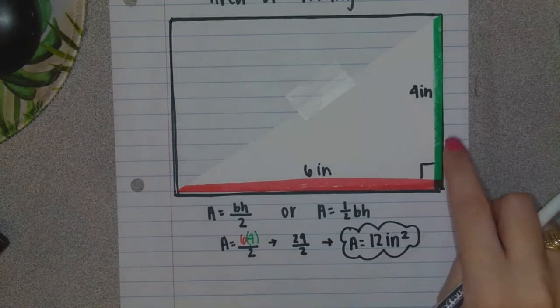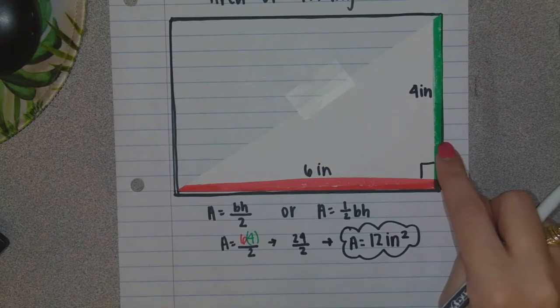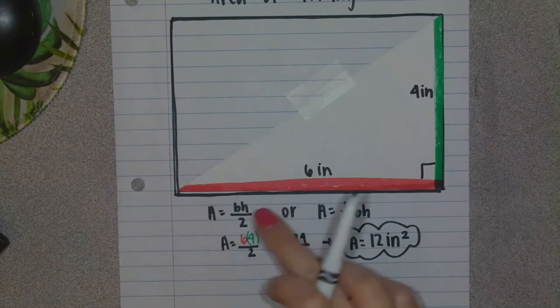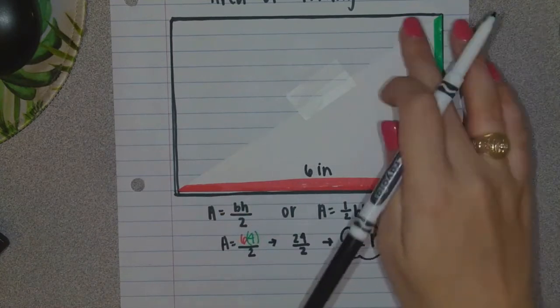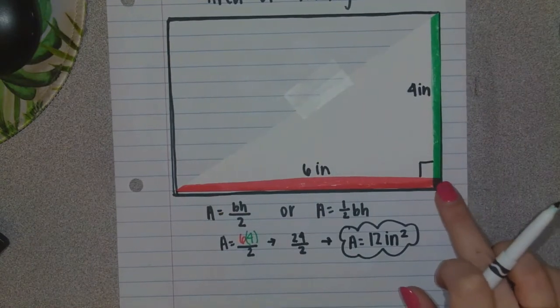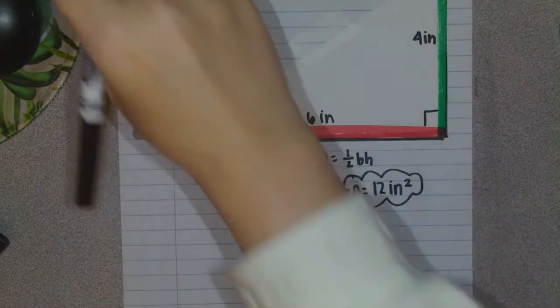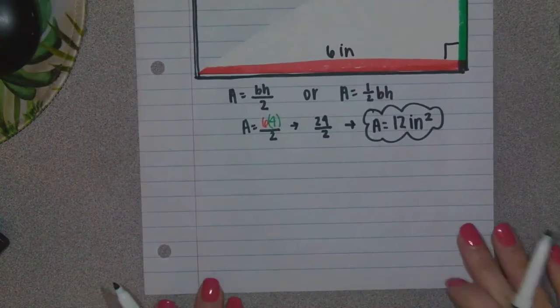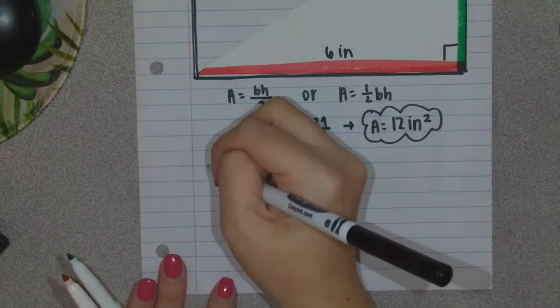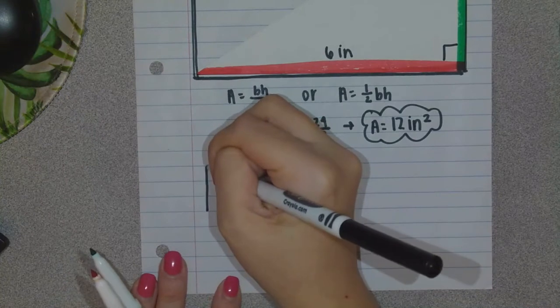Okay, but remember, not every triangle is going to look like this. We have right here a scalene triangle because all of my sides are going to be different, and it is a right angle here, but it might not always look like that. So we're going to draw 2 other triangles to see what this formula would look like. With some room down here at the bottom, the first triangle I want you to draw is going to look like this.